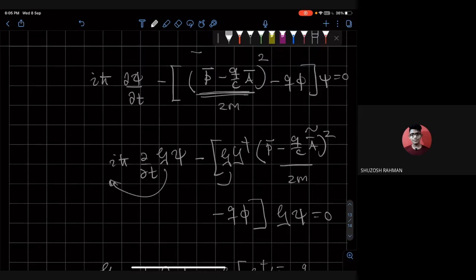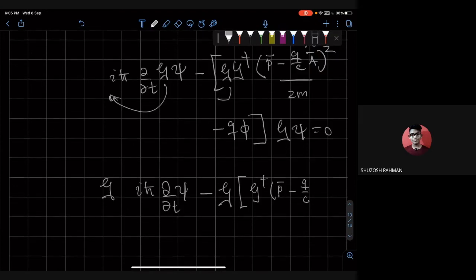That's something I forgot. There should be the A tilde, and then we have G here, and over here we have Q phi times psi is 0.